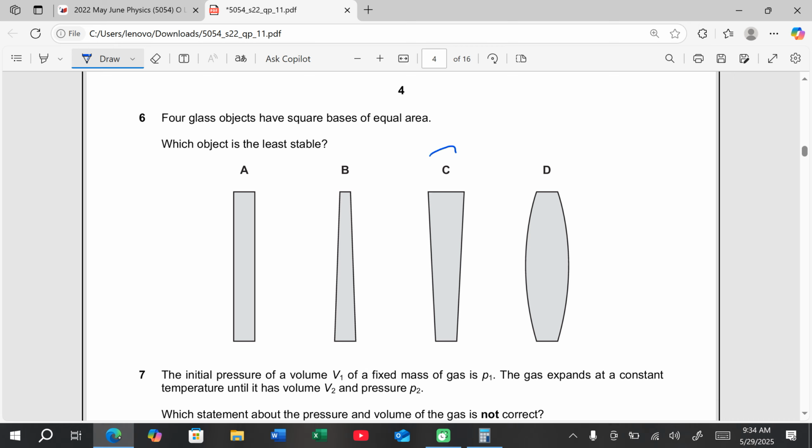For this, C is the right answer. For B it is uniform, so the center of mass will be lying somewhere here. B's base area is greater and the upper part is smaller, so it's a little lower than that. For C it is going to be a little higher. For D it's a very uniform one, so it's going to be in the center. So the higher the center of mass, the less stable the object is.